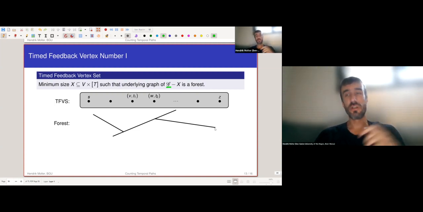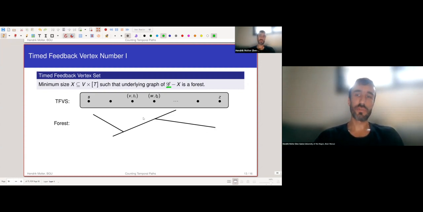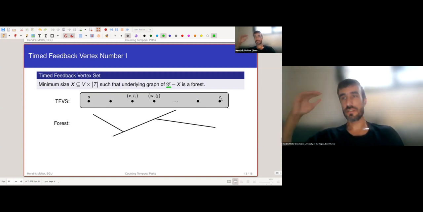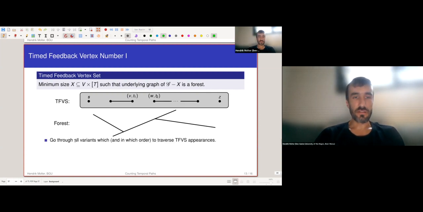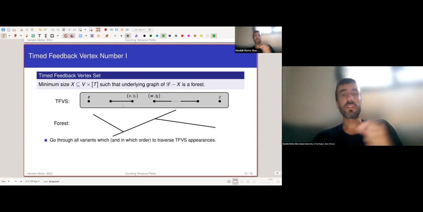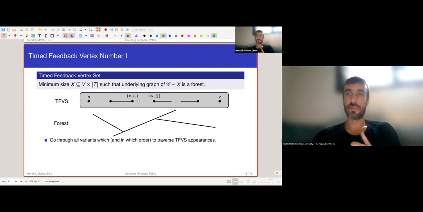What we can do in our algorithm to count the number of temporal SZ paths, and here I also assume without loss of generality that S at time 1 and Z at the last time step are both contained in the time feedback vertex set, is first go through all orders in which I want to traverse these vertex appearances in the time feedback vertex set, some of which might use connections that directly connect time feedback vertex appearances.